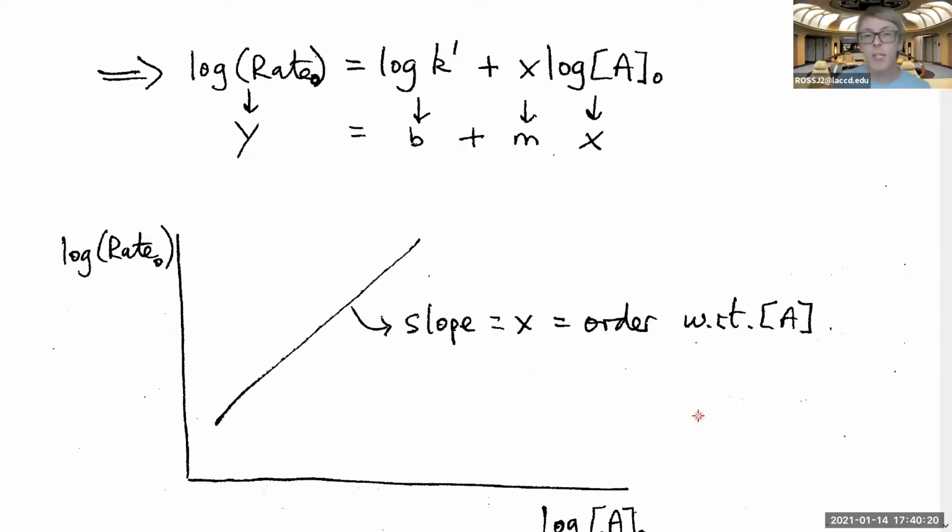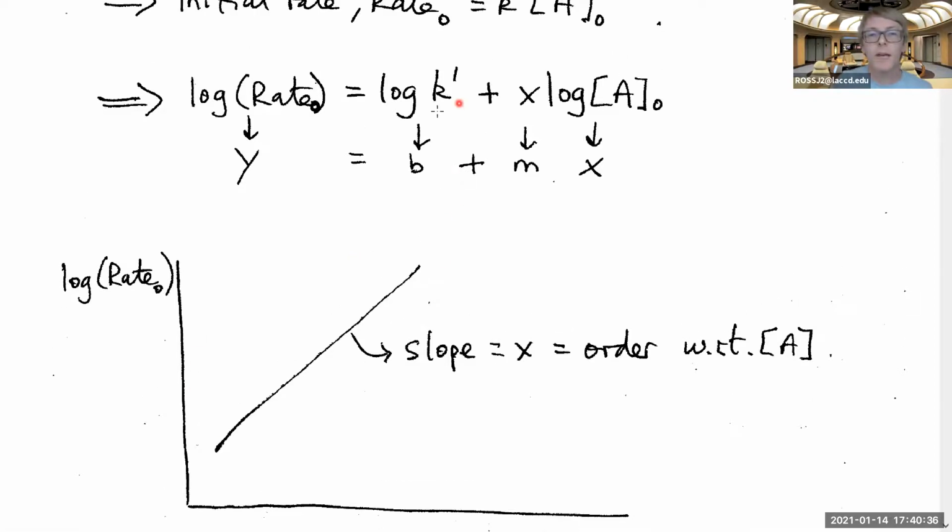And then the slope is going to give us the order of the reaction. So again, we can do the experiments, plot the graph, and then determine x experimentally. And then obviously the intercept can give us access to the rate constant.